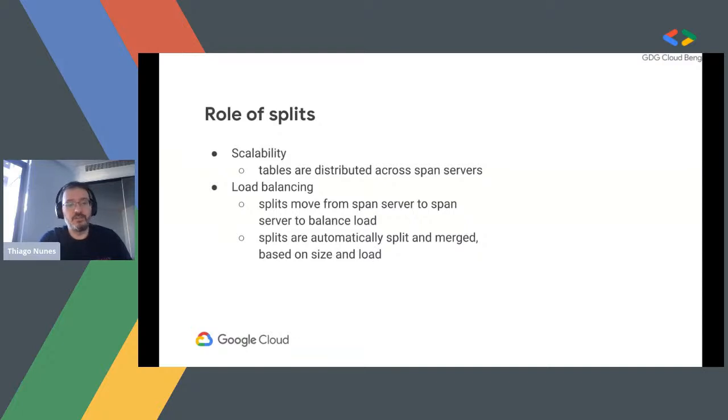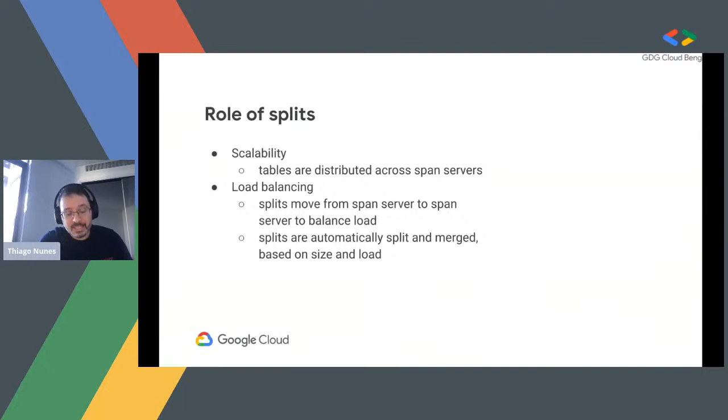For instance, if your key range on split 0 is very hot, so you're receiving lots of requests there, what Spanner will do is divide that split into 2 subsplits and move them into 2 different span servers in order to cope with your load. On the other hand, if you have neighboring splits which are receiving very little load, Spanner can merge them together into a single split, right?